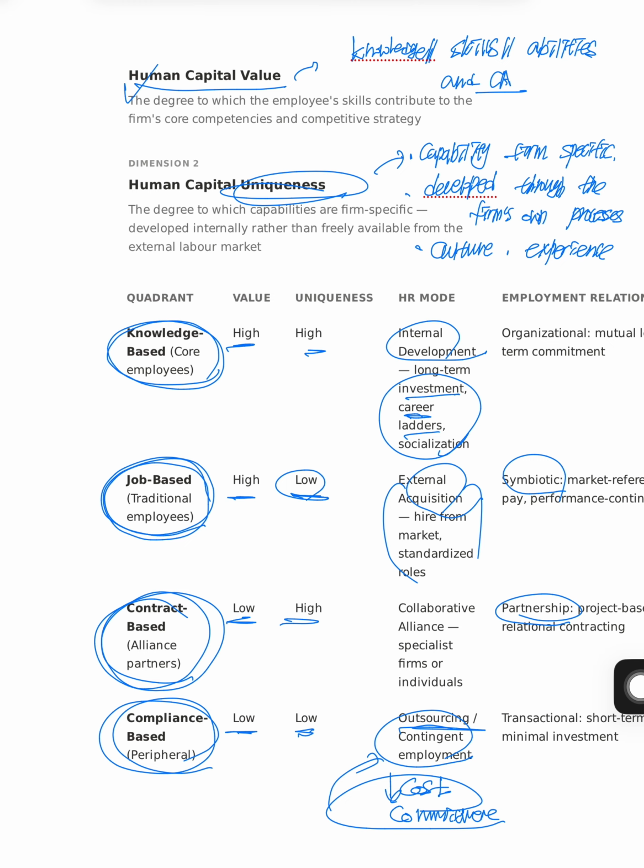And conversely, treating core knowledge workers with the transactional efficiency model appropriate for peripheral workers is strategically destructive. It undermines the very organizational capabilities on which competitive advantage depends.